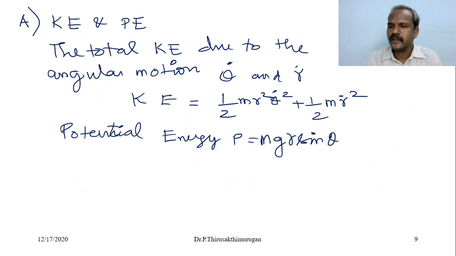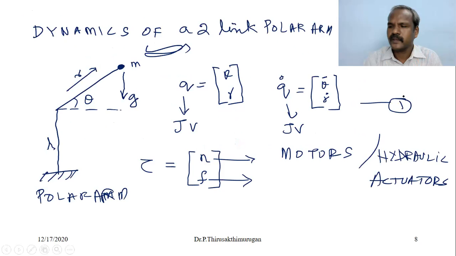Here it is making an angular rotation, so the potential energy is m g r sin theta. Consider this as equation number 2, this is equation 3, and this is equation 4.